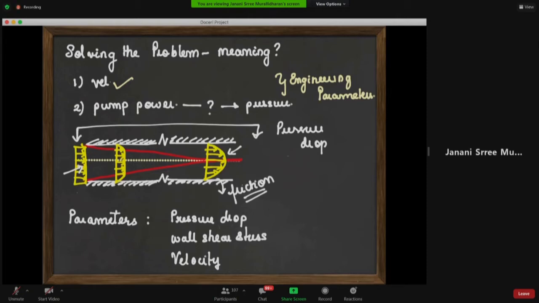The second related question is, what is the kind of pump power that I would need to provide to be able to achieve a particular velocity? And by pump power, we only mean that power enough to overcome the pressure drop between the outlet and the inlet.